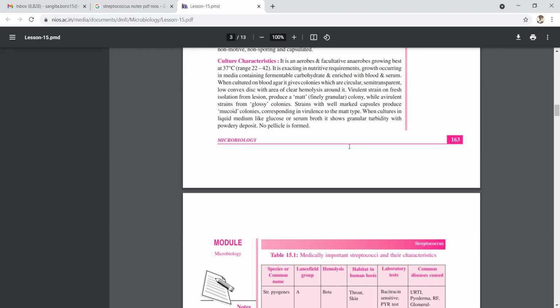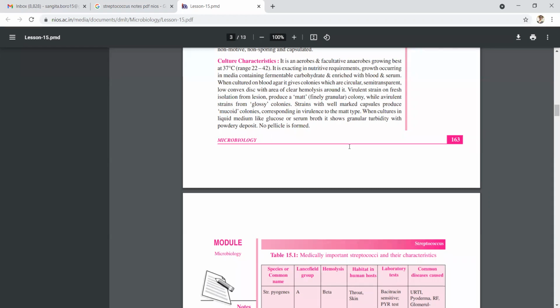They still have the power to cause disease. While avirulent strains form shiny, glossy colonies. Strains with a well-marked capsule produce mucoid colonies. There are some strains which may have a capsule around them, and those colonies are mucoid. When the colonies are mucus-like, you can understand that these strains have a capsule around them.